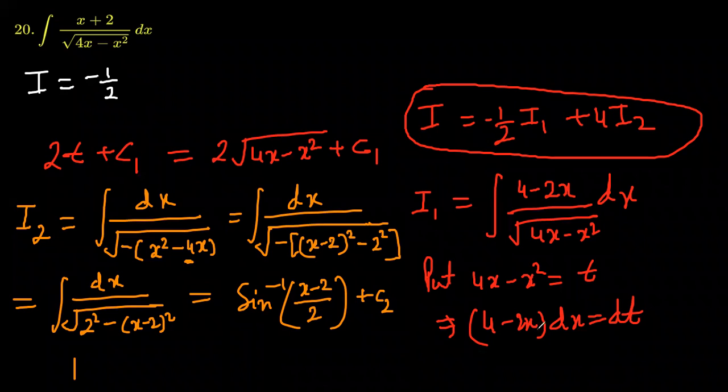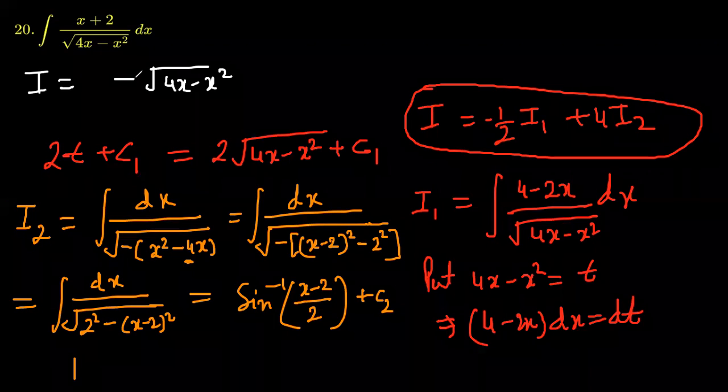And I1 is, where is I1? Here it is. So we can say negative half of 2 times square root of 4x minus x squared. Can we cancel this negative half and the 2? Yes. And we can write just a minus sign there.